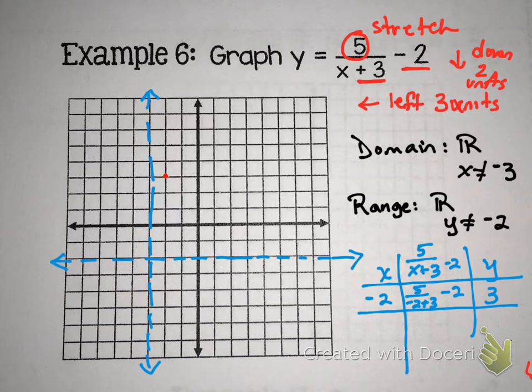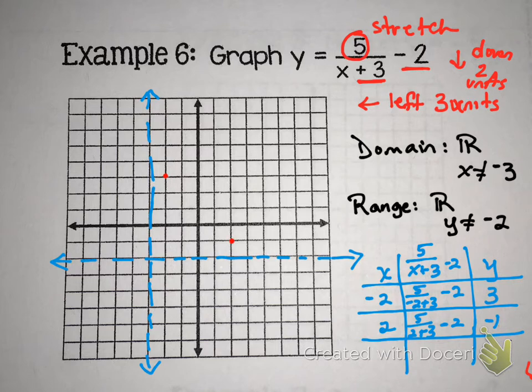Then let's put in a +2 and see what happens. You'll have 5/(2+3), which is 5/5, which is 1, minus 2 is -1. So we're going to have a point at 2, -1.